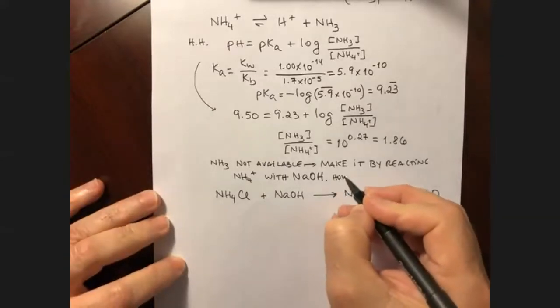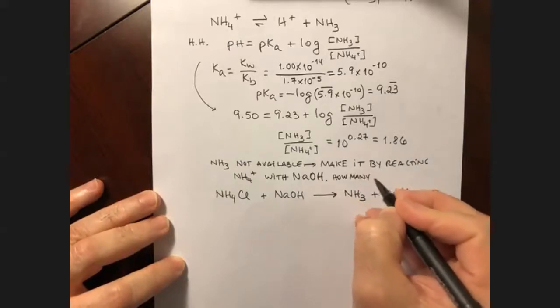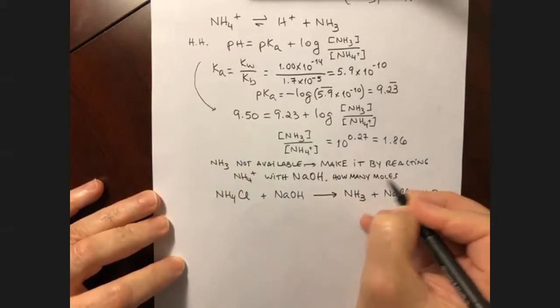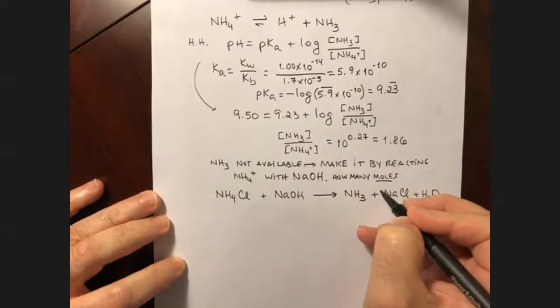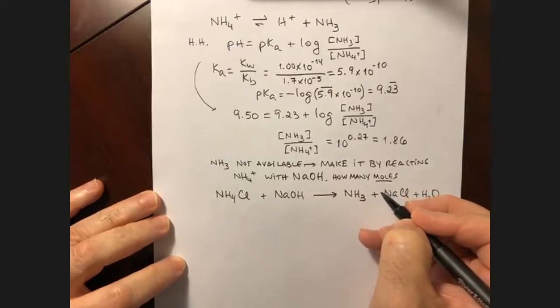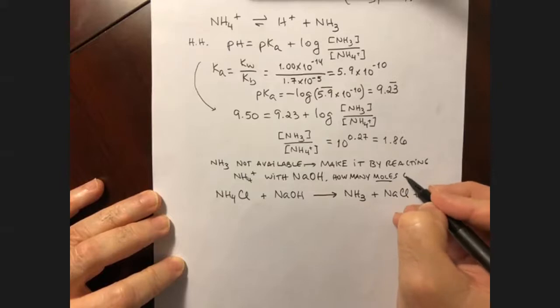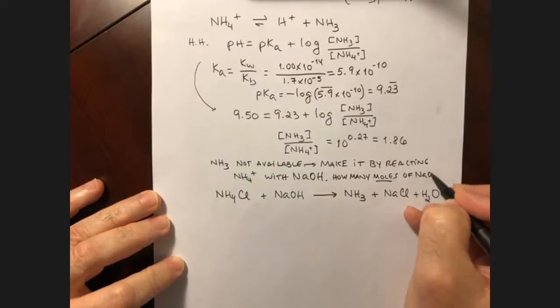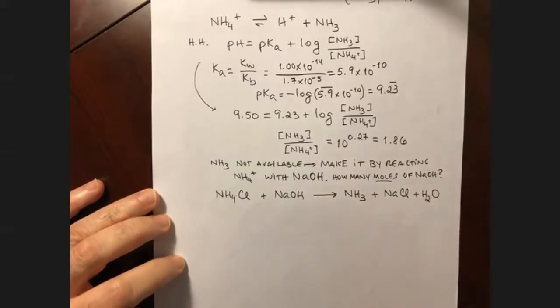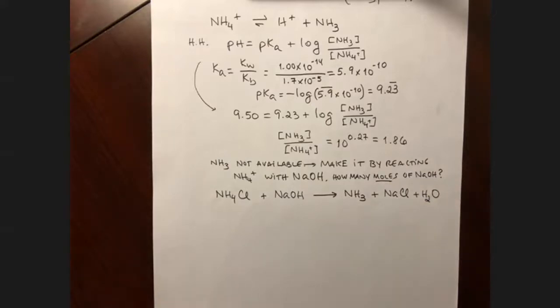Now, I'm going to go ahead and consider the following, all right? How many moles of NaOH do I add? Now remember, in the end, this solution is going to be 50.0 milliliters. So the volume is going to be the same. Therefore, I can simply set up my equilibrium or my reaction with moles.